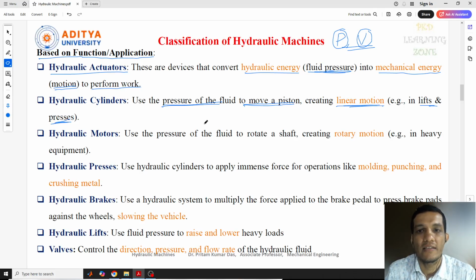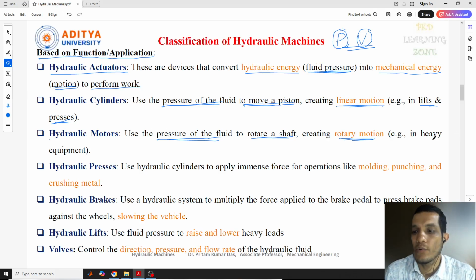Similarly, the next one is hydraulic motors. Here also, the pressure of the fluid is used to rotate the shaft and create rotary motion, so hydraulic motors are helpful for producing rotation.